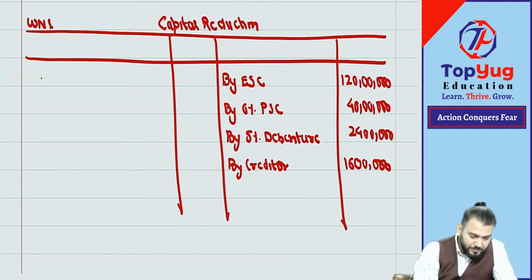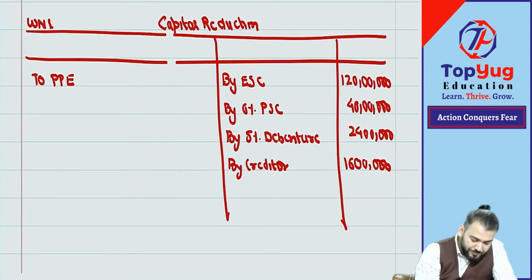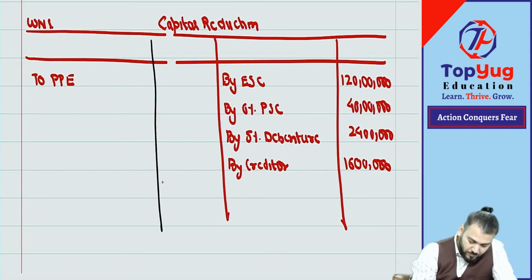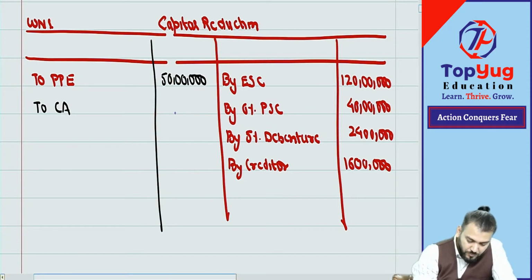Then asset will should write down. To what? Property, plant and equipment. How much? 50 lakh. Then to current asset how much? 1 crore 10 lakh.